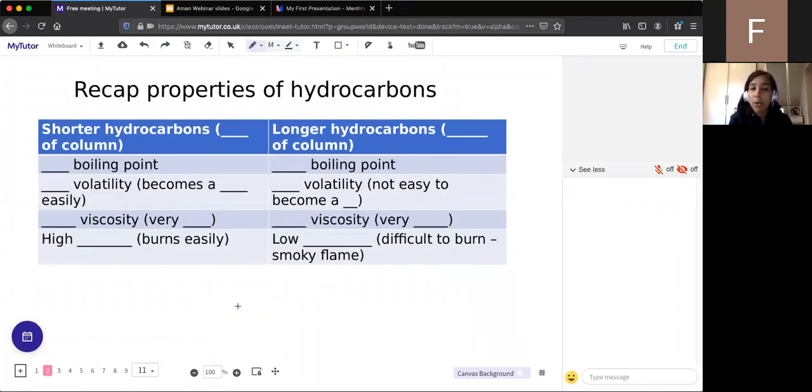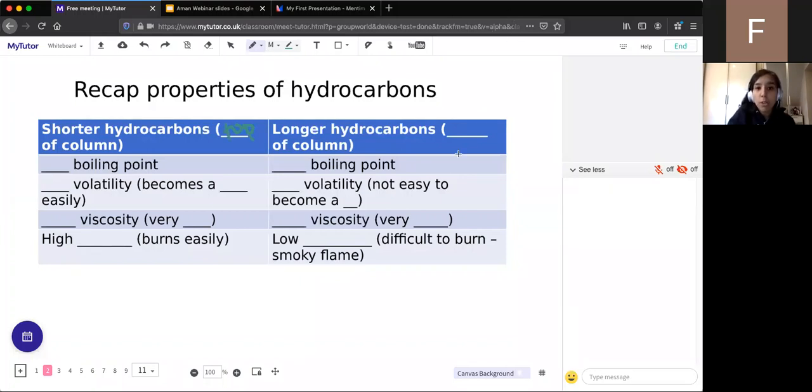Do they come out at the top or at the bottom? Good, they come out at the top, well done. So shorter hydrocarbons at the top. What about the longer hydrocarbons then? Great, at the bottom, well done.